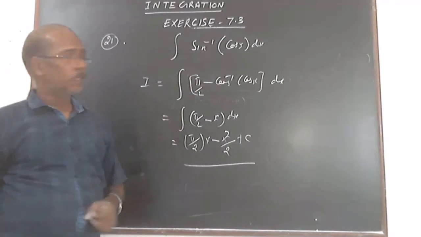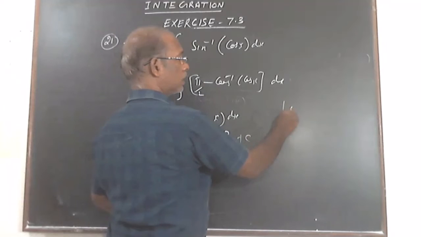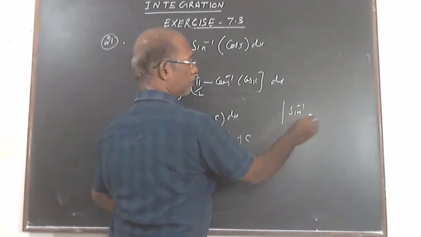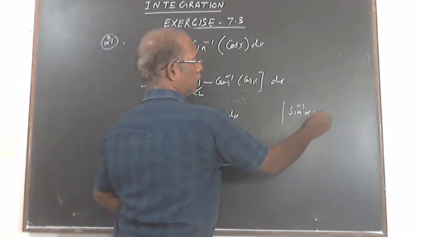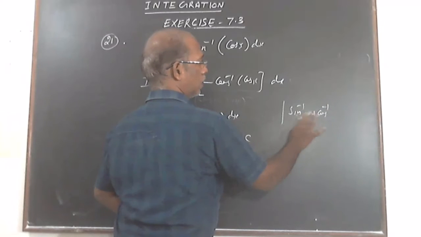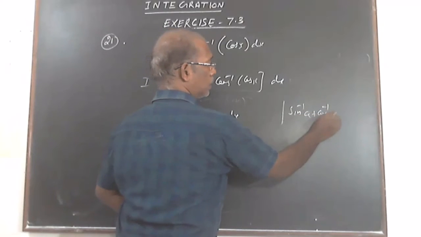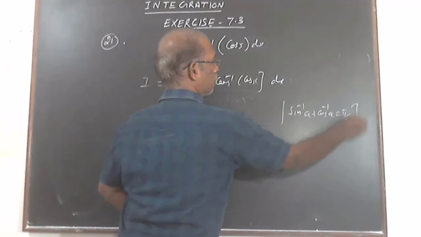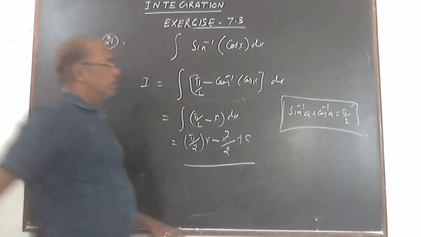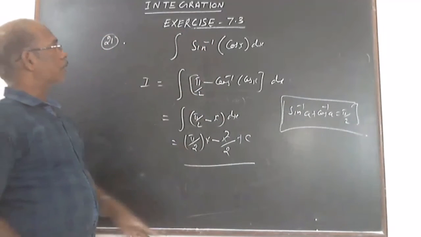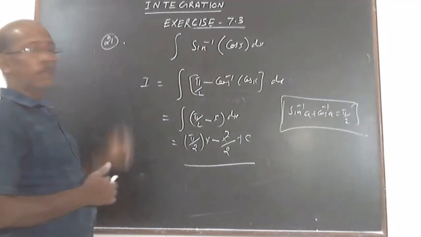What is the property? Sine inverse of A plus cos inverse of A equals pi by 2. So this property we have used here. This is question number 21.